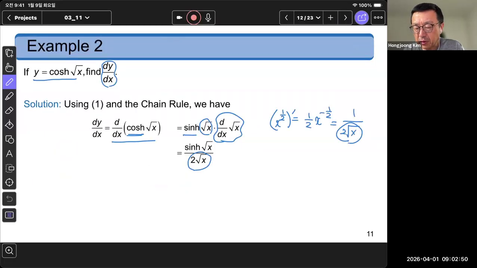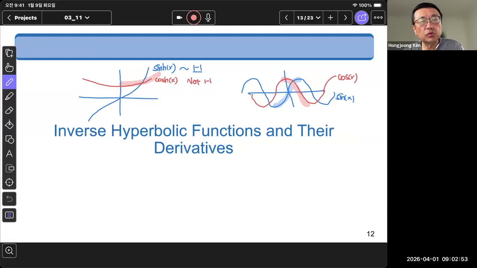Then we extended this formula to their inverse functions. As we know, the inverse function can be defined only when the given function is one-to-one. In the case of hyperbolic sine, it is one-to-one on its whole domain, while hyperbolic cosine is not one-to-one on its whole domain.